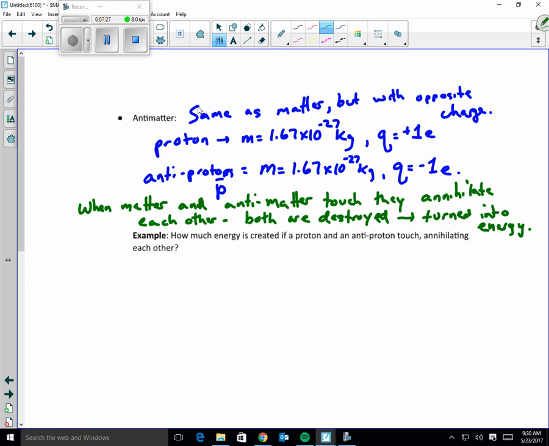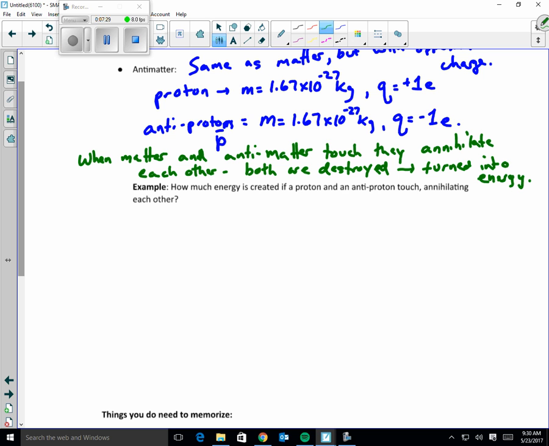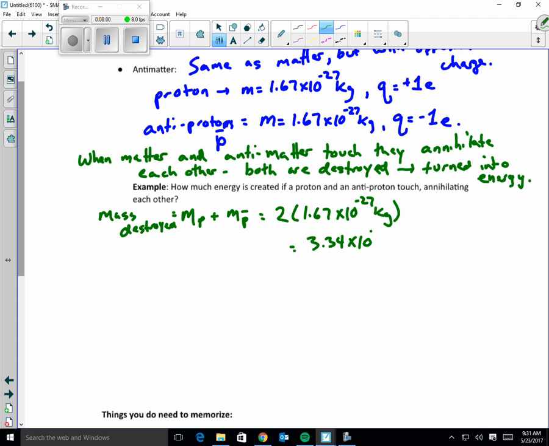So here is an example. How much energy is created when a proton and antiproton touch each other? So the mass of a proton plus the mass of the antiproton are destroyed. So it's 2 times 1.67 times 10^-27 kilograms. Excuse me, 3.34 times 10^-27 kilograms of mass that gets destroyed.